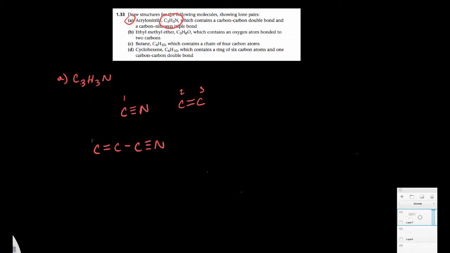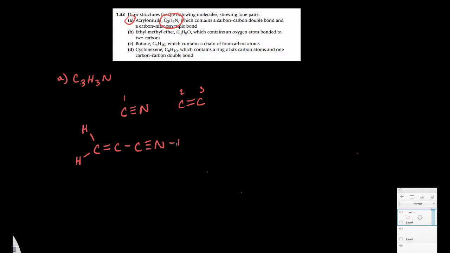And that looks fairly straightforward. This carbon is bonded to 2 things. It's got a double bond to another carbon, so it has room for 2 more bonds, and let's put 2 of the hydrogens there. Where's the other hydrogen? Well, it can't be on this carbon because this carbon is already bonded to 4 things. It's got this triple bond and another single bond. The nitrogen here has 3 valence electrons.